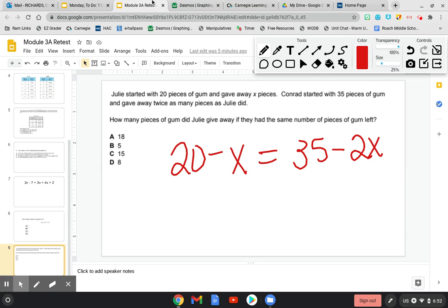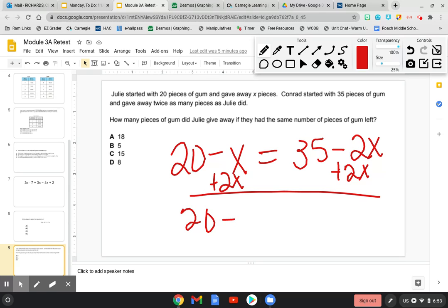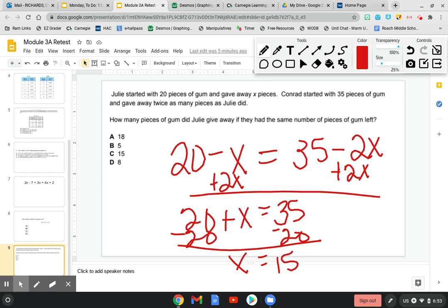So you can also just go ahead and get rid of this 2X. I always like to move mine to the left, just a preference. 20, that's positive, plus X now, equals 35, subtract. And I did not get the same thing, so let's see what I did wrong on this Desmos calculator.